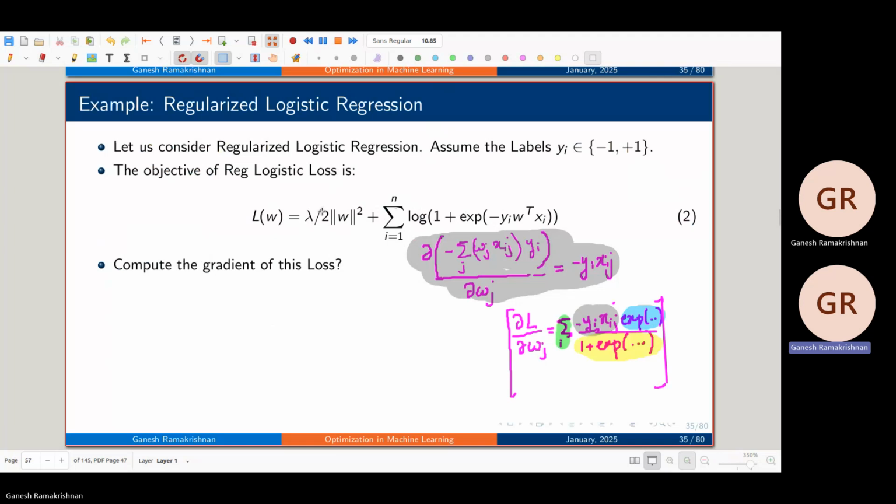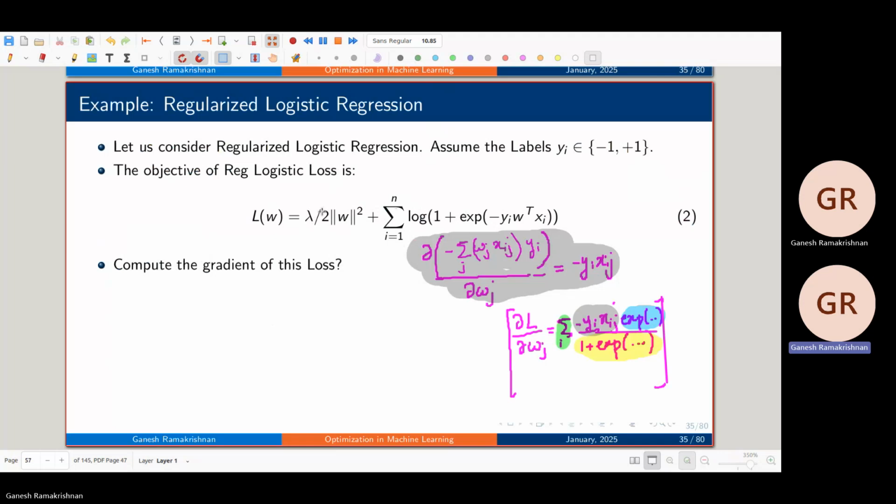If you want, I'll just write this form and leave it at that, and we won't discuss any further on this. So what have I done here? I've taken the partial derivative of this loss with respect to just one w, I think I've used wj. But before that, there's a chain rule, right?